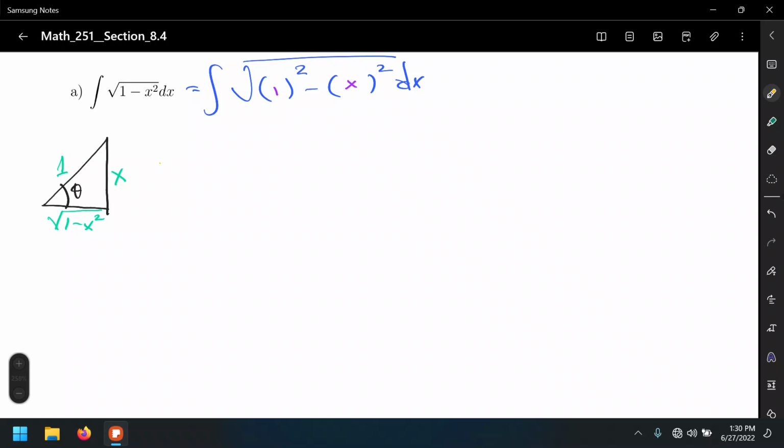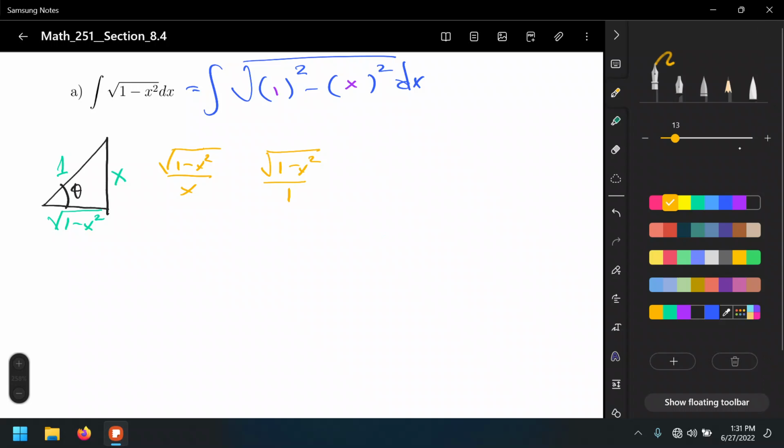Number one, we have radical 1 minus x squared over x versus radical 1 minus x squared over 1. Now the question is, which of those two expressions is simpler than the other one? The first one or the second one? Go with the simplest one.